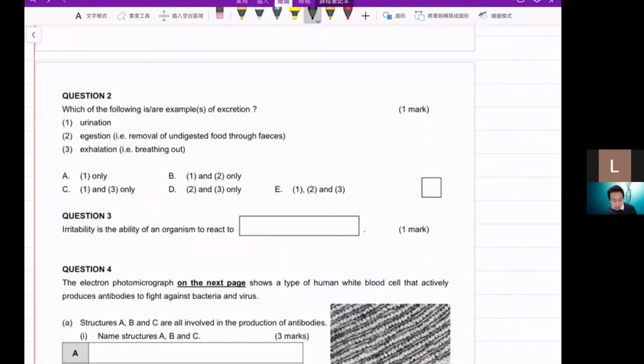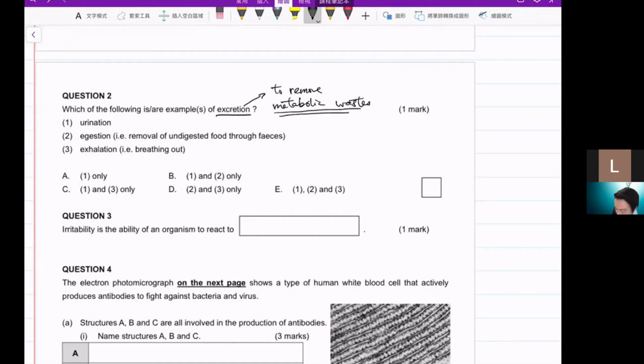And now we move on to question 2. So if you did worksheet 1 seriously, then you must be able to answer this question. Excretion means to remove metabolic waste, right?